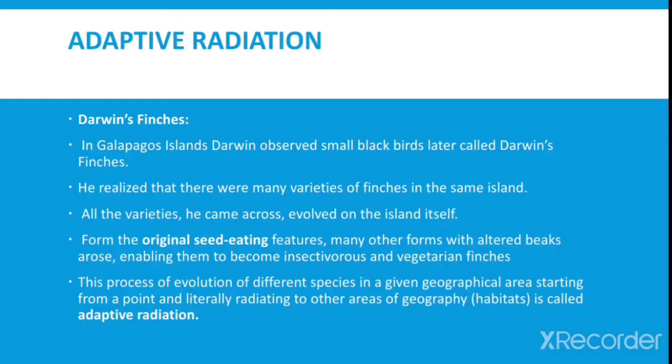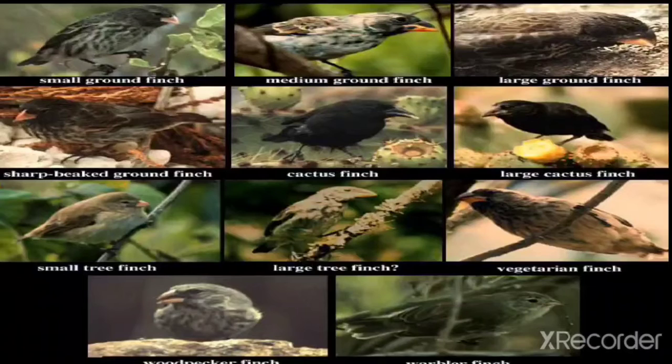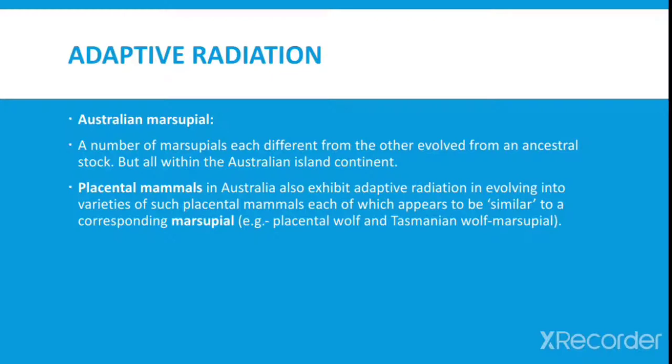So this process of evolution of different species in a given geographical area, starting from a point and literally radiating to other areas of geography, is called adaptive radiation. So you can see some of the Darwin finches.